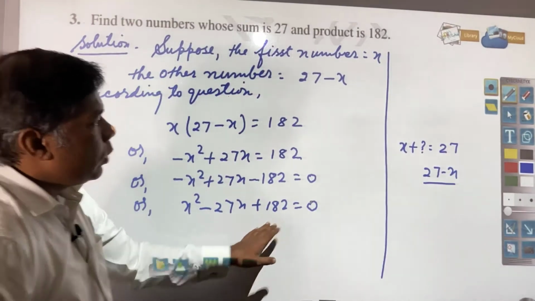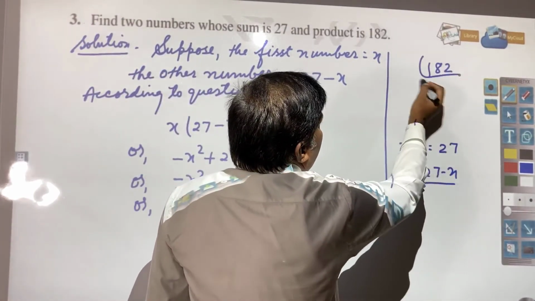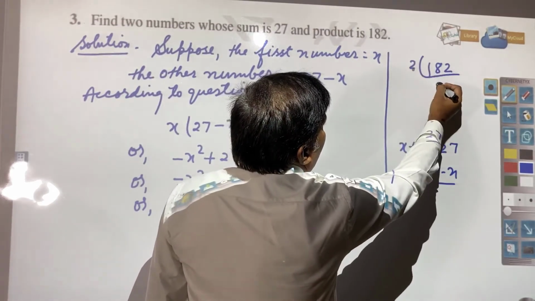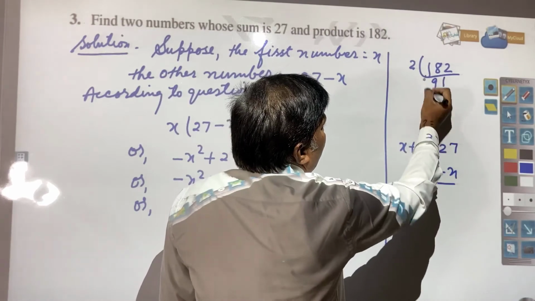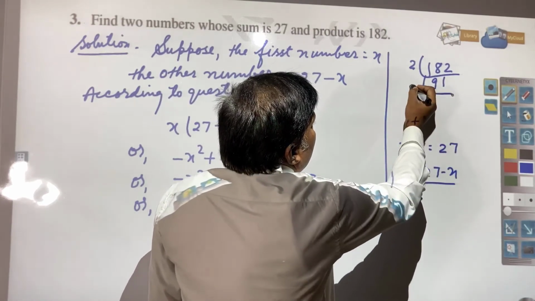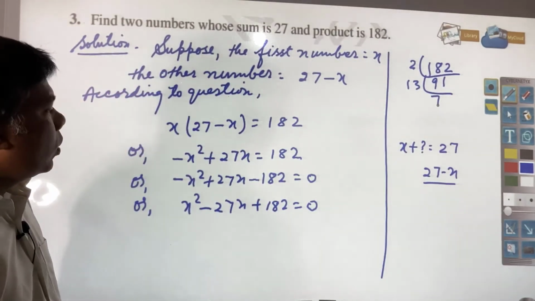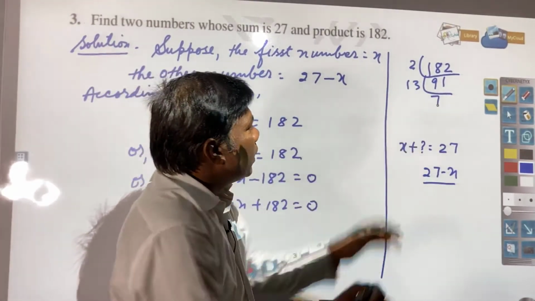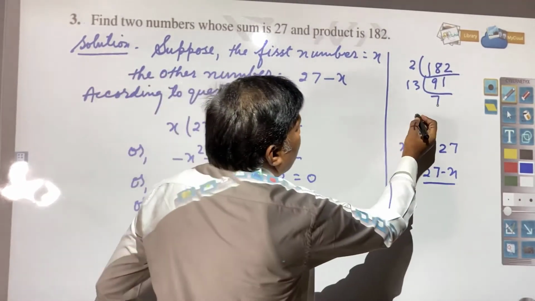Now this 182 is required to be factorized. Here you see how we will factorize.